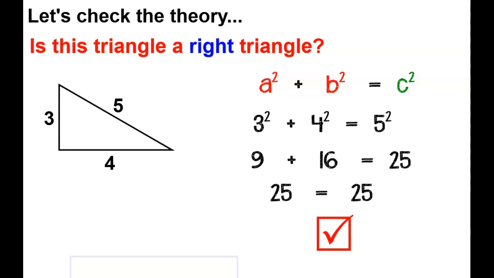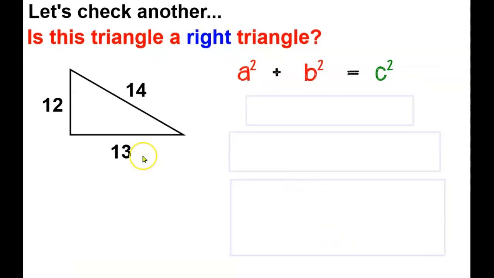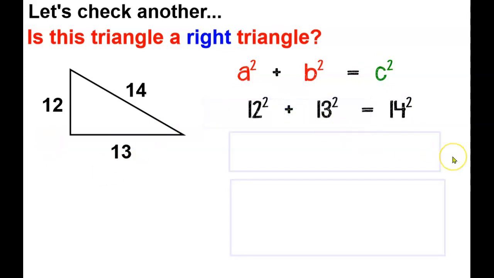Let's take a look at another one. Again, I have a triangle here that looks like a right triangle, but is it really? So the numbers are 12, 13, and 14. Please fill in your hypotenuse first. For us, it's a 14. Then put your legs in any order.